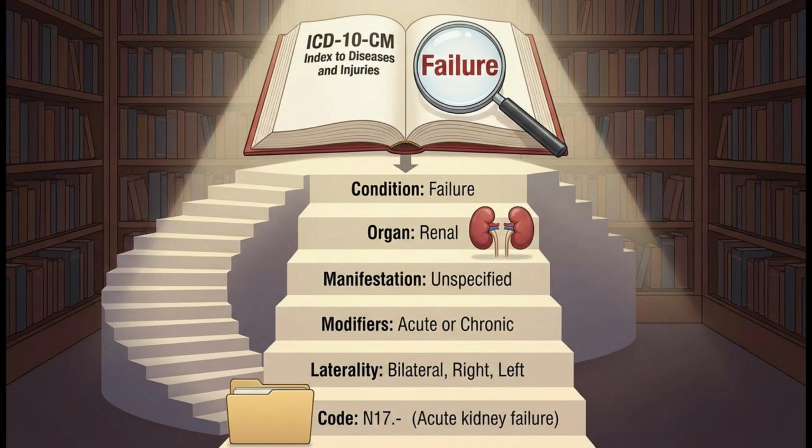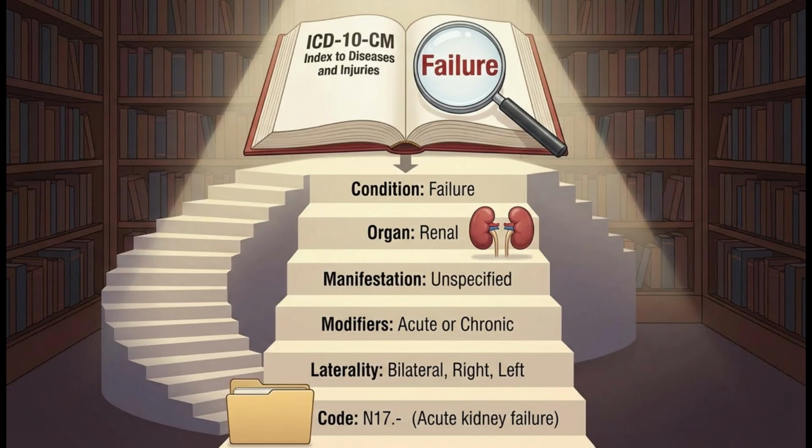1. Condition. Start with the main term itself. Failure. 2. Organ or site. Next, narrow it by adding the location. Renal. This tells the system where the failure is happening. 3. Manifestation if applicable.